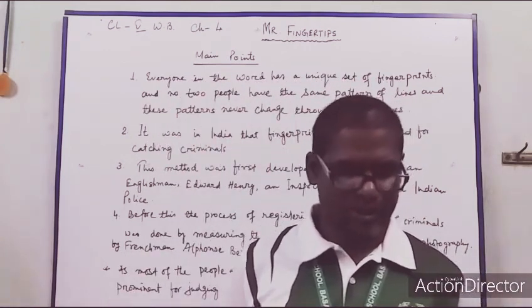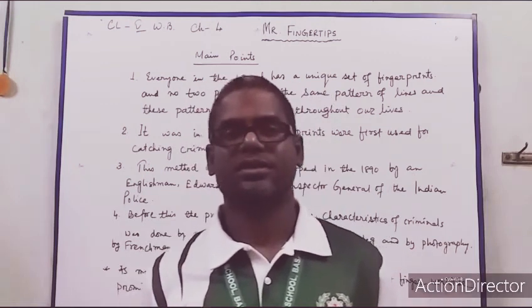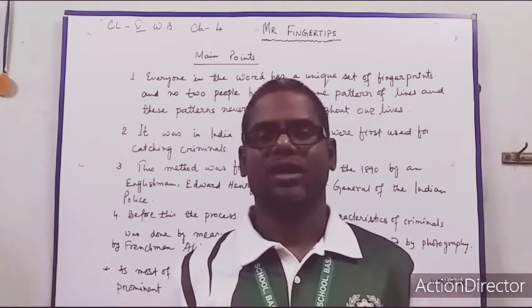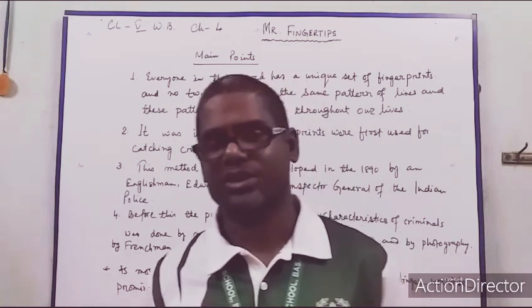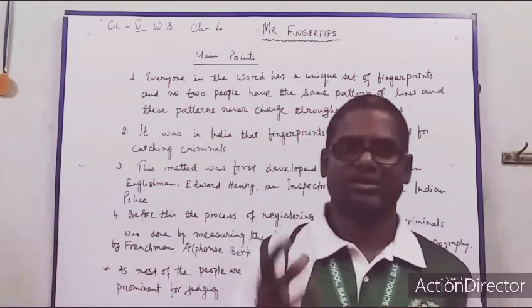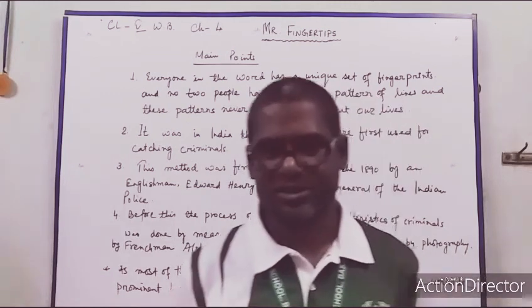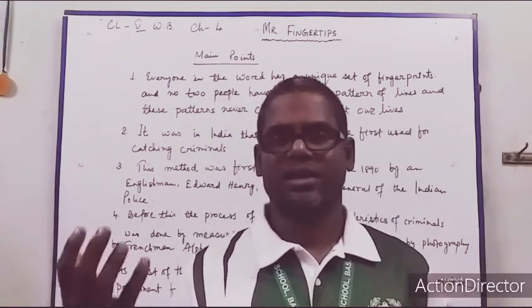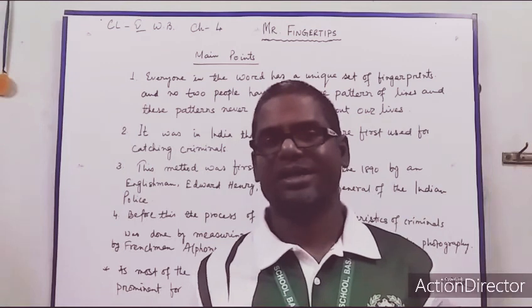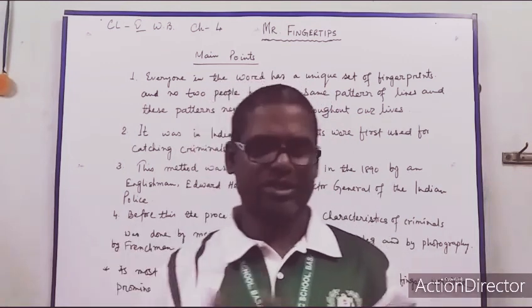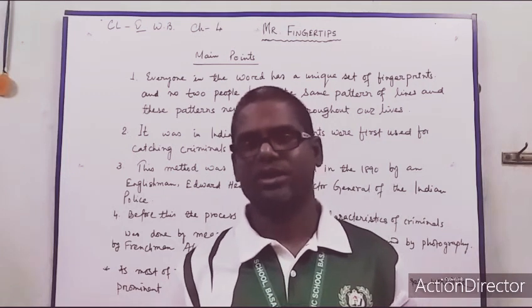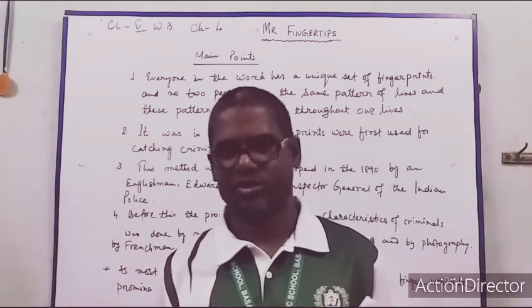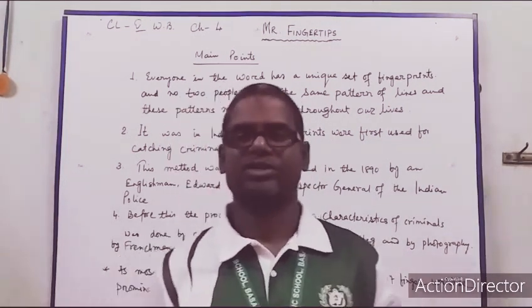This was a good story, and I think you all learned some new information about some criminals, how the criminals are caught and detected. This was how the police department identifies the criminals from the innocent persons.